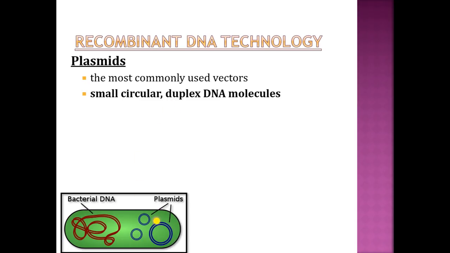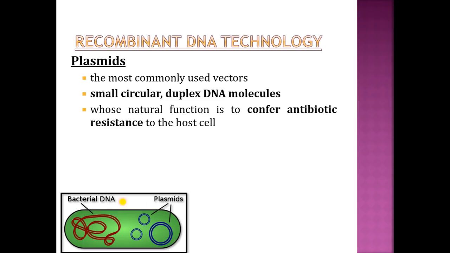It's just a simple, small, circular duplex of DNA molecules present in the bacteria that usually confers antibiotic resistance to the host cells. We know bacteria become resistant to a particular antibiotic, and they confer this antibiotic resistance by this plasmid.